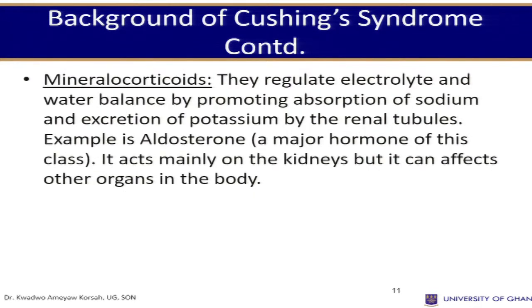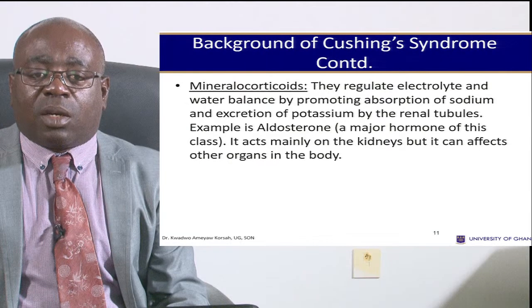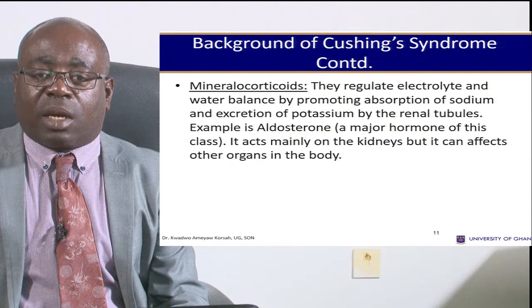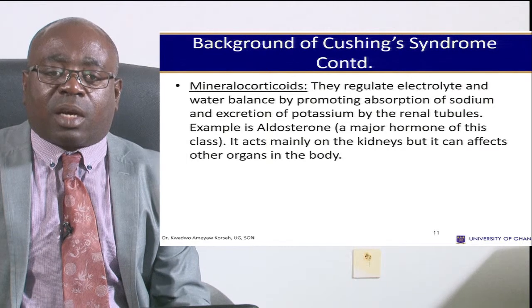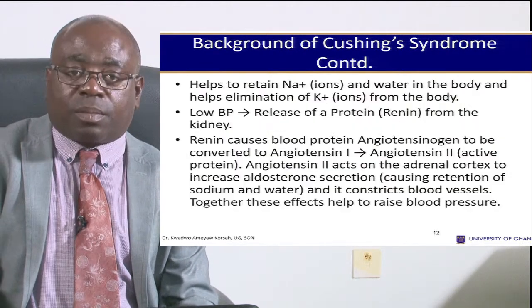Mineralocorticoids regulate electrolyte and water balance by promoting absorption of sodium and the secretion of potassium by the renal tubules. An example is aldosterone, the major hormone of this class. It acts mainly on the kidneys, but it can affect other organs in the body.